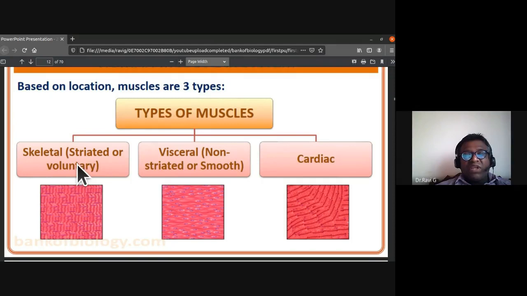Skeletal muscles are striated or voluntary. The visceral muscles are smooth or non-striated, and cardiac muscles are again involuntary. Visceral muscles are also involuntary, so they are not under our control. Skeletal muscles are voluntary.